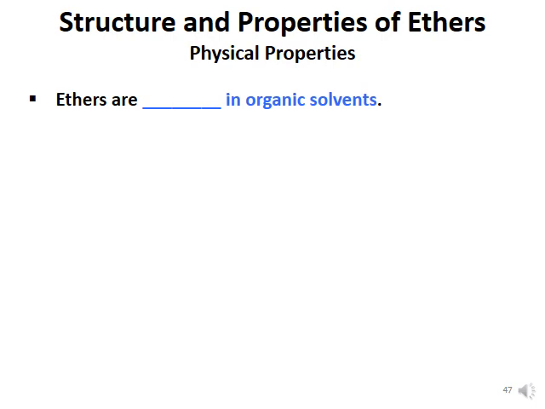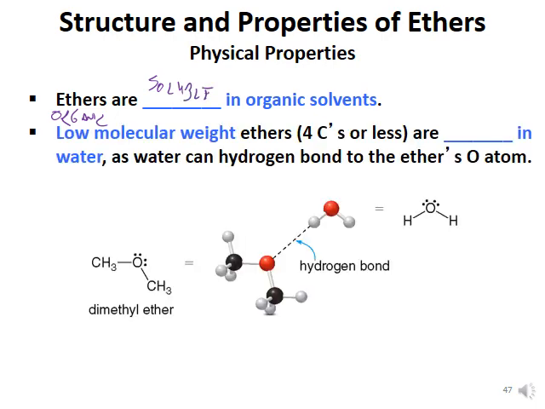Because ether is organic, it is soluble in an organic solvent. Now, low molecular weight ethers are soluble in water. And one of the main reasons is even though a dimethyl ether has no hydrogen that's partially positive to form an intermolecular hydrogen bond with other ethers, it will with water, right?